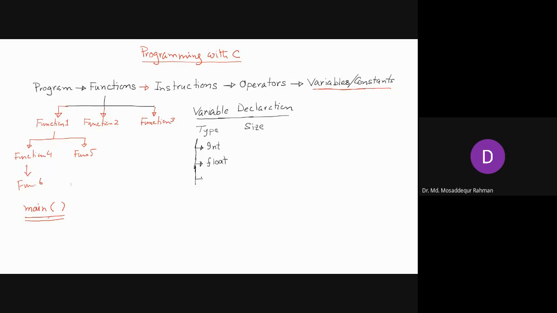There are two more types we can have: variables that are signed, and the other type is unsigned. Signed variables can have both positive and negative values. Unsigned will have only positive values.